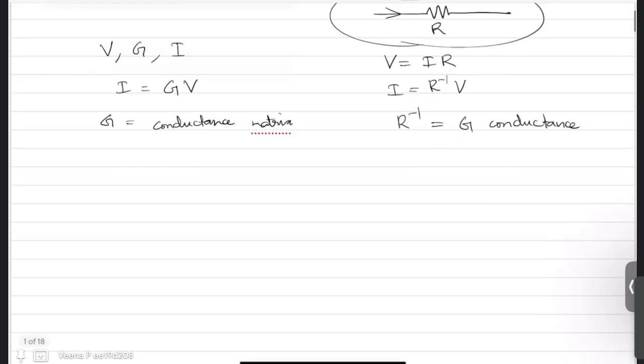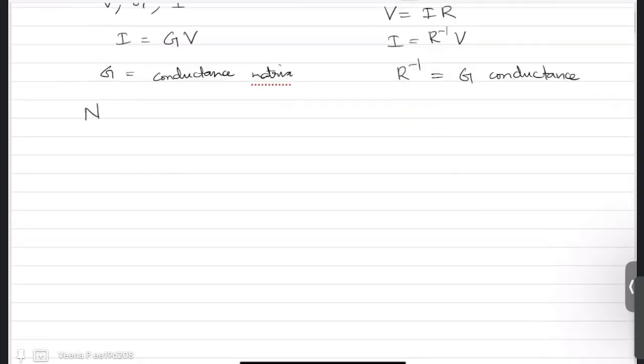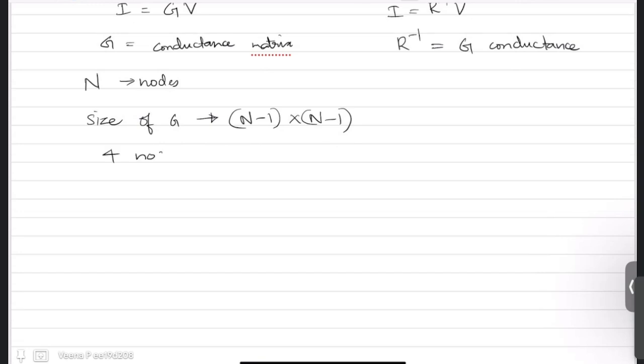Now, if you have a system with n independent nodes, then the size of your conductance matrix, size of G, will be n minus 1 by n minus 1. That means if you have 4 nodes, then the size of your conductance matrix will be 3 by 3.